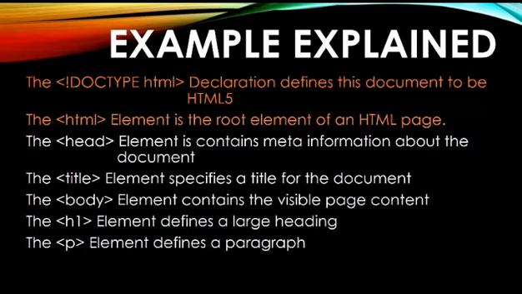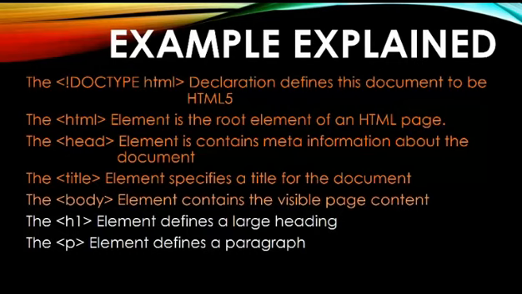The html element is the root element of an HTML page. The head element contains meta information about the document. The title element specifies a title for the document. The body element contains the visible page content. The h1 element defines a large heading. The p element defines a paragraph.